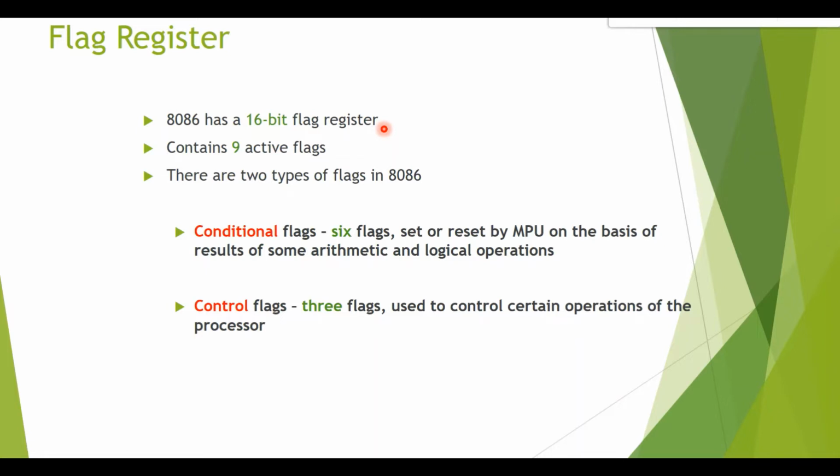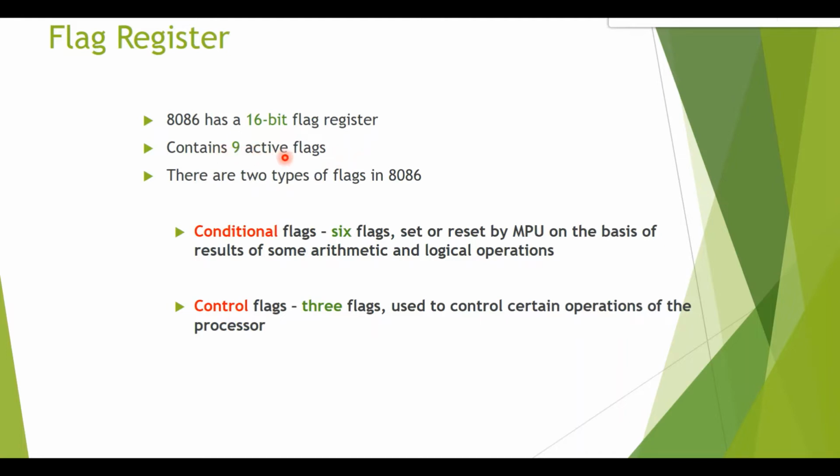But in the 8086 we have a 16-bit flag register, as we said that all the registers used in the 8086 are 16-bit. Out of these 16 bits, only 9 bits are used to represent the flags. That means in the 8086 microprocessor we have 9 flags.